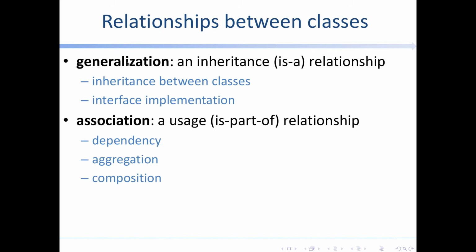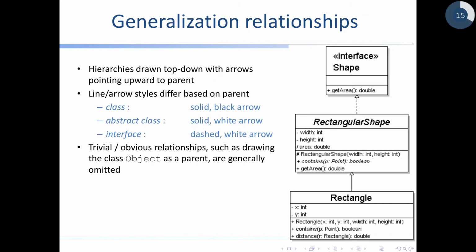The second type is association, meaning aggregation, for example, or dependency, like something includes something else, something is part of something else, and something is made of something else. Okay, these three types are associative relationships. Next slide.